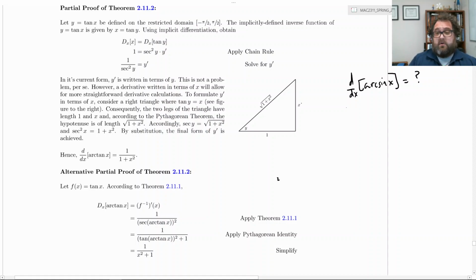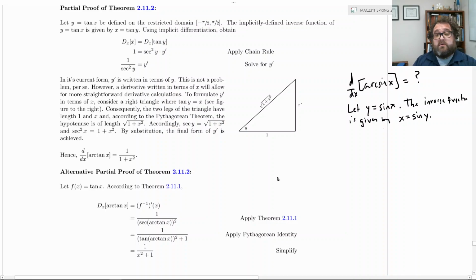Okay, so let y equal arc sine x. The inverse function is given by, swap the variables, x equals sine y.